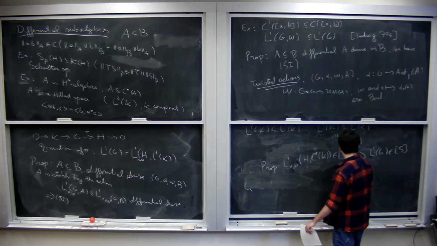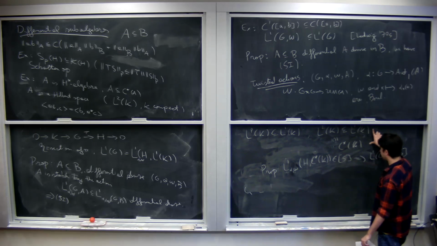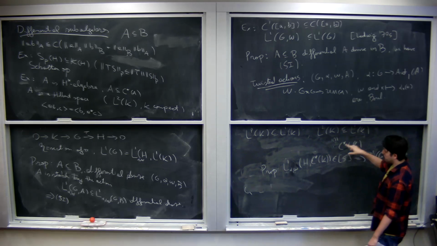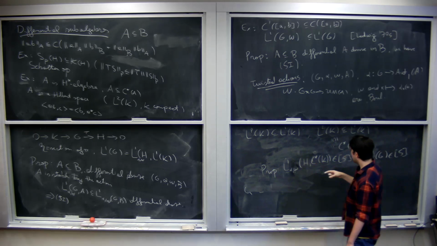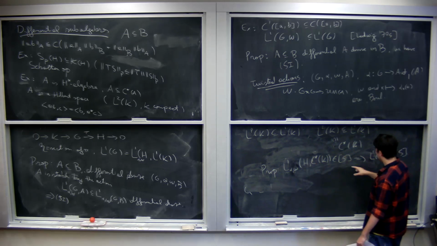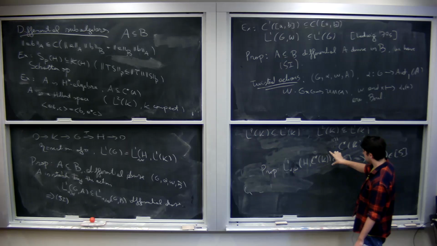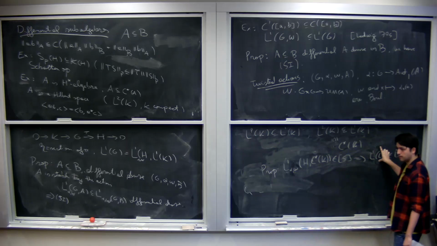Okay. Well, anyways, the proof goes like this. L2 is a differential subalgebra here and here. So by the proposition, I get that if I put L2 here, it's differential, and then it's here, but also here.